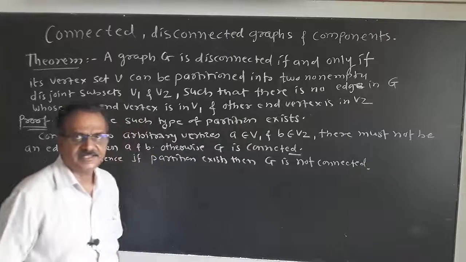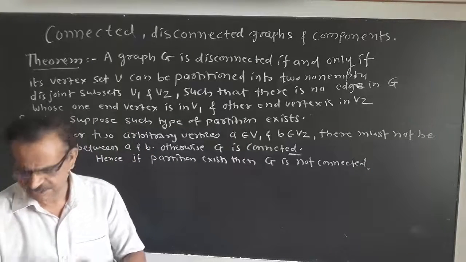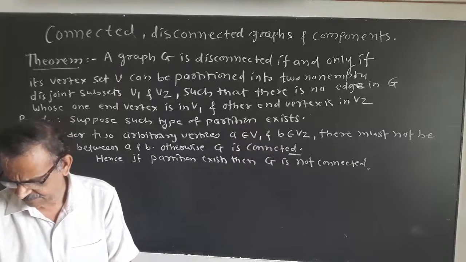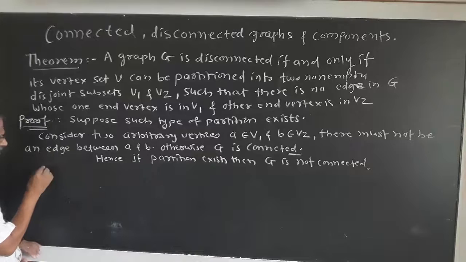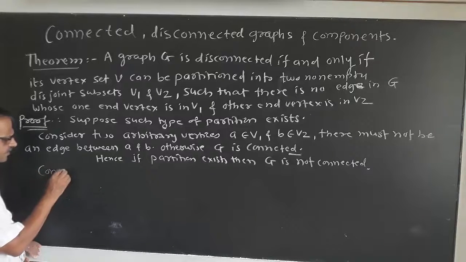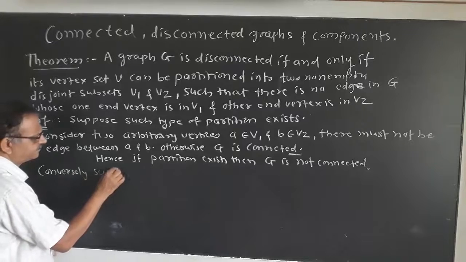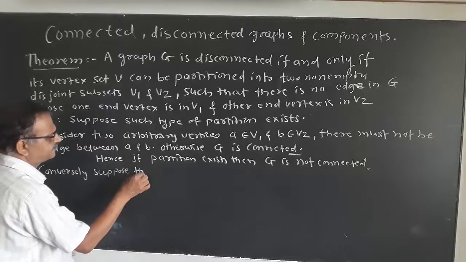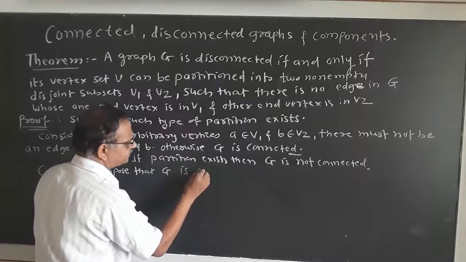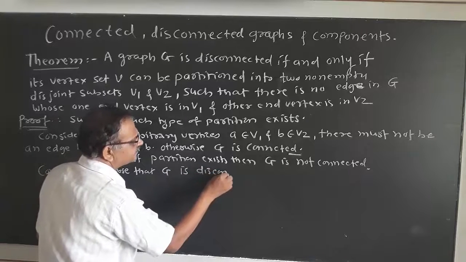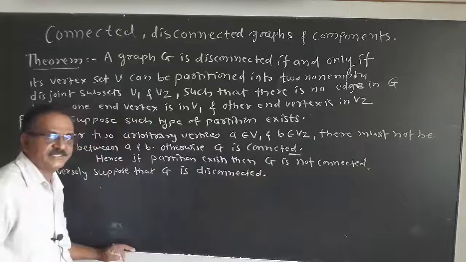G is not connected. Conversely, we shall assume that G is a disconnected graph. This is the opposite part, the converse part. Conversely, suppose that G is disconnected. G is a disconnected graph.